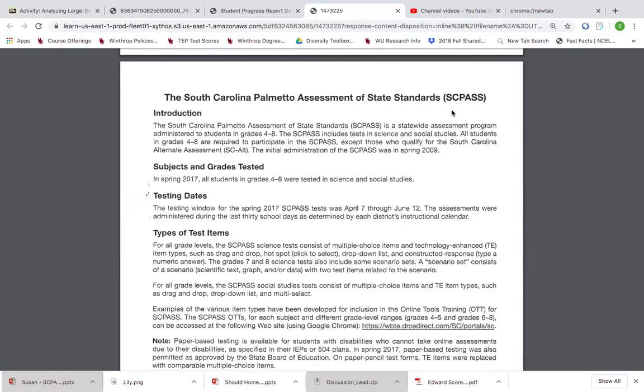It's telling me what in the world this test is actually measuring. Okay, so I see specific content, science and social studies. You see it's state standards. So this is definitely measuring our South Carolina state standards, and it's specifically for science and for social studies.